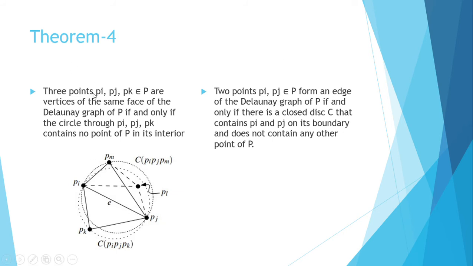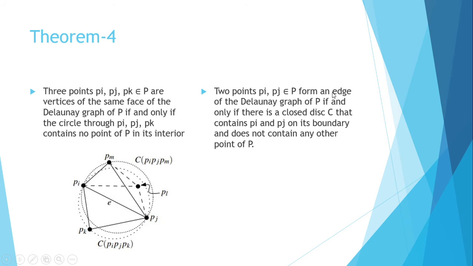This theorem states that three points Pi, Pj, Pk belonging to P are vertices of the same face of the Delaunay graph only if the circle through the 3 points contains no point in its interior.